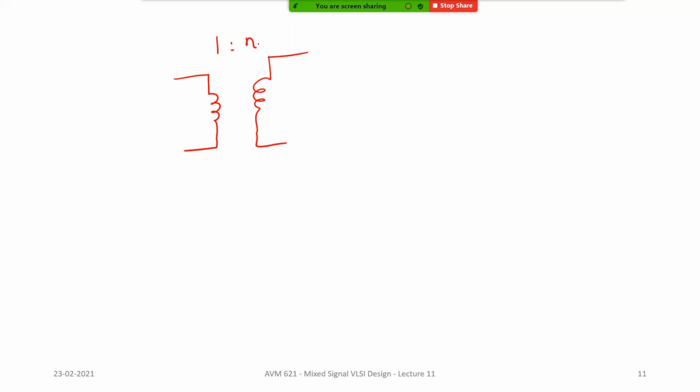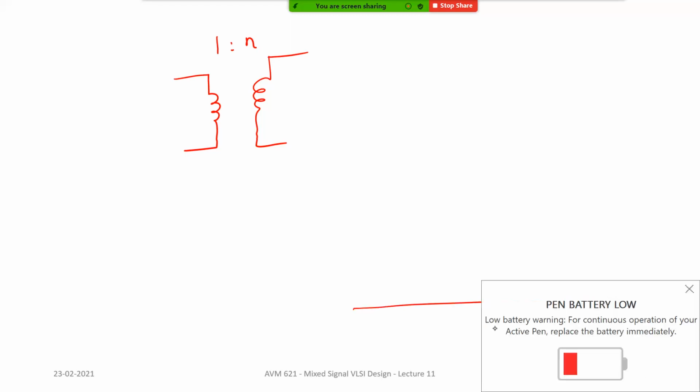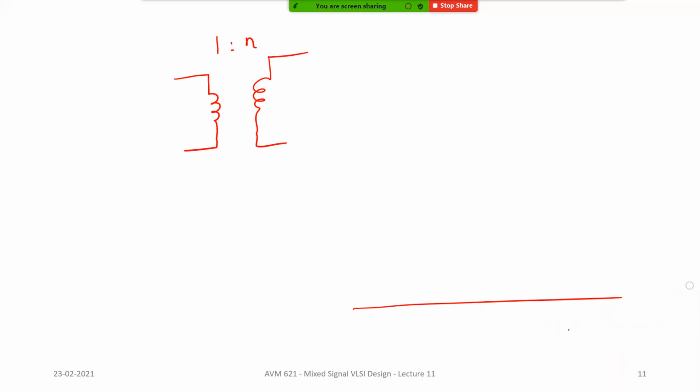Just to give a little background on chip design: if you remember, I told you that you have the substrate and the interconnection metal layers. So you have metal layer 1, then metal layer 2, all the way up to, say in an 8 metal process, metal 8 at the top.